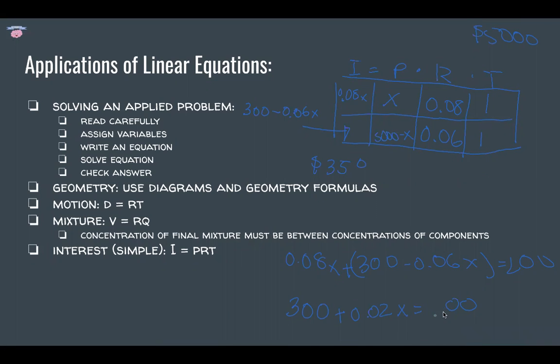Let me just erase this. Now we have 350 as a total. So 350, and if we subtract 300, we get 0.02x is equal to $50. And therefore, 2x is equal to $5,000.